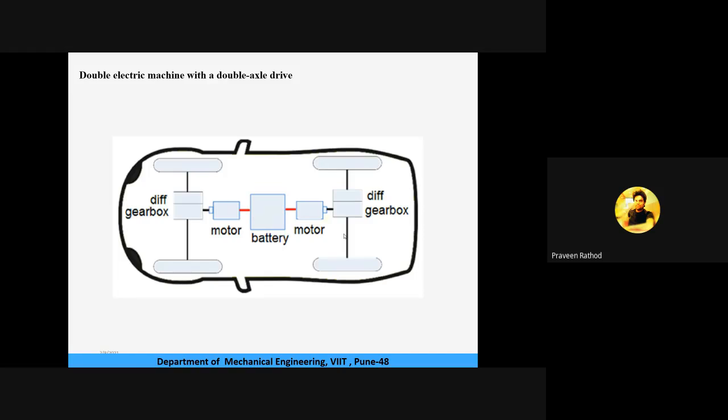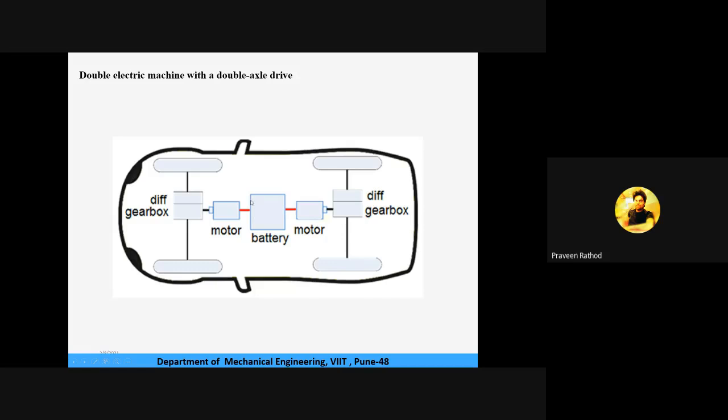It is relatively simple, because the electric machine can be controlled with good precision. If you want to achieve good speed, you can use this type of topology. It is possible to use more than one machine in a vehicle. For example, separate motors can be used, as shown over here.